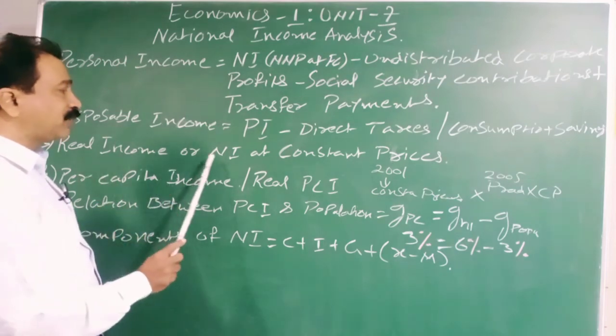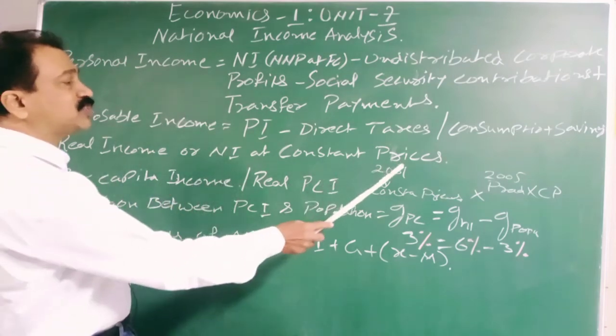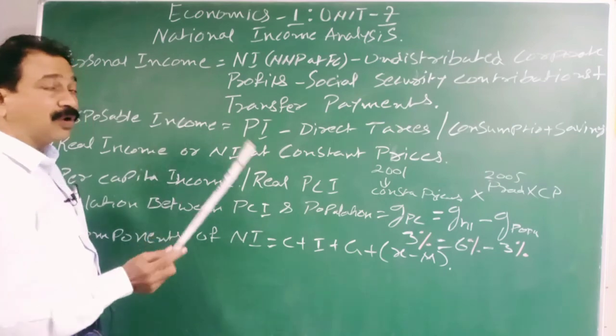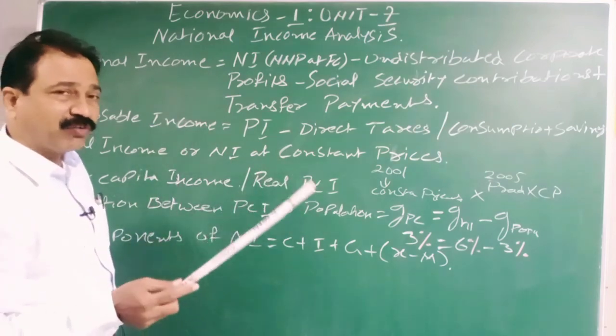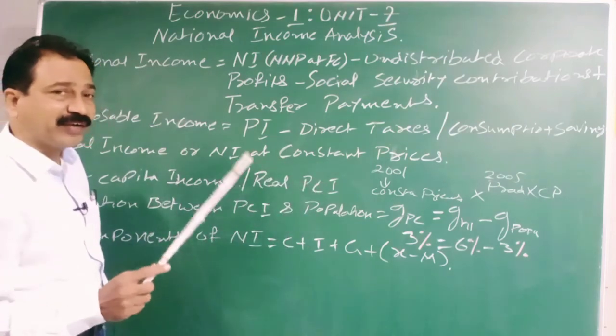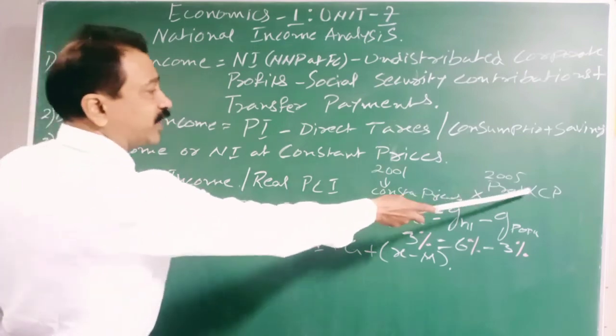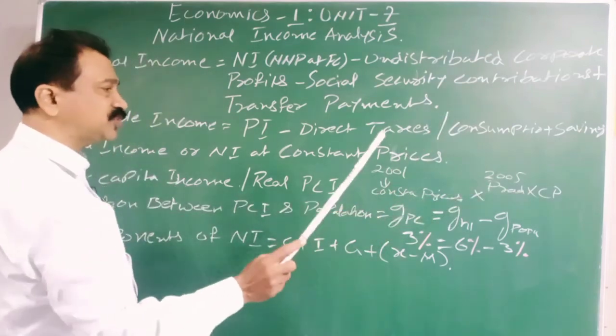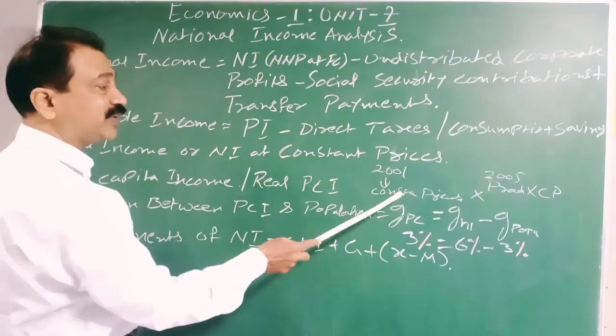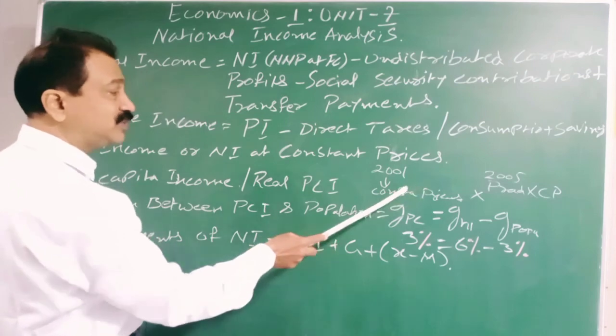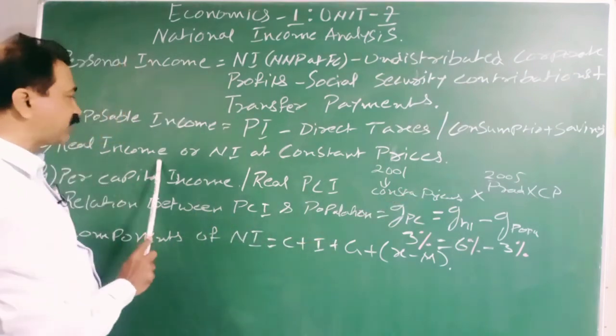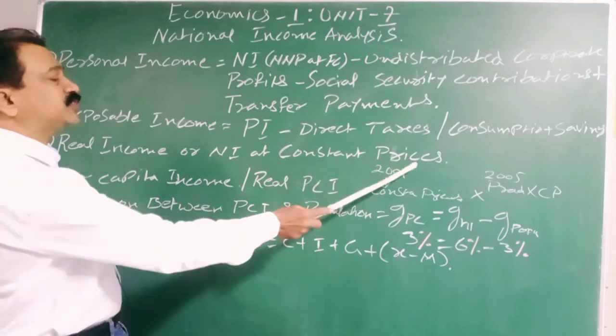Next, real income or national income at constant prices. National total production, whatever been done in a year, will be calculated at two levels. One is at current prices, that is generally called national income. Another is in constant prices. This is called real national income or national income at constant prices.